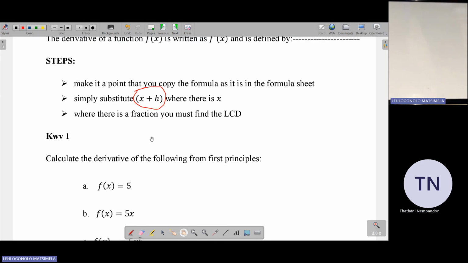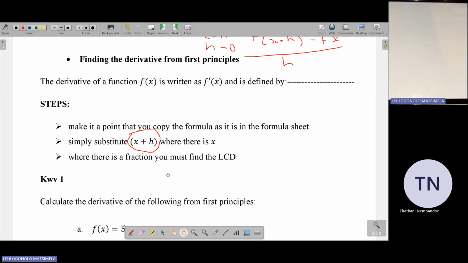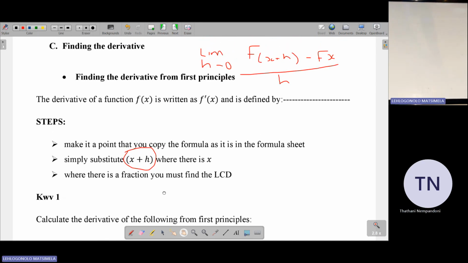And then the first thing that we will do, I will just look at an example so that we can understand how we work on it. The aim here is to derive.